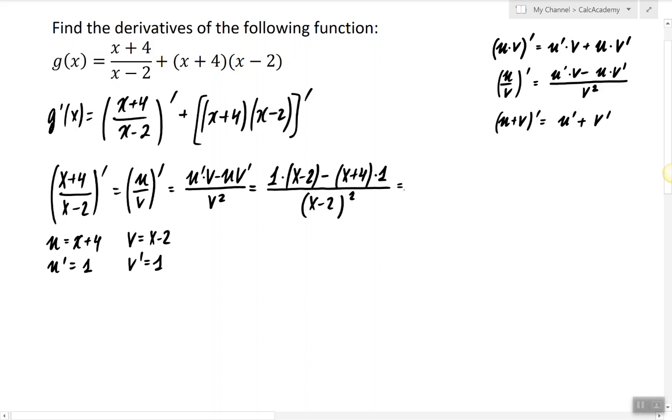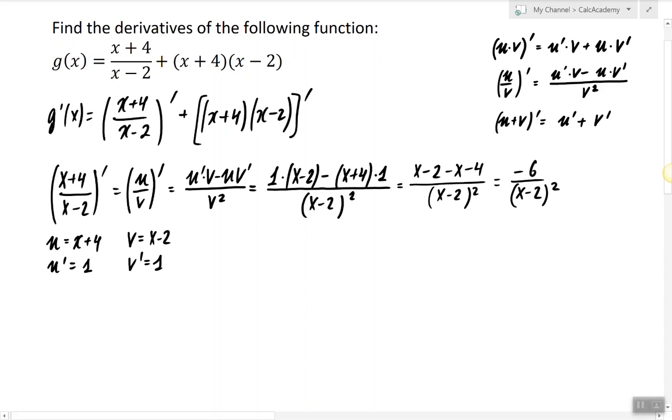This can be further simplified. We have x minus 2 minus x minus 4 divided by x minus 2 squared, and we just have negative 6 over x minus 2 squared. This is the derivative of the quotient.